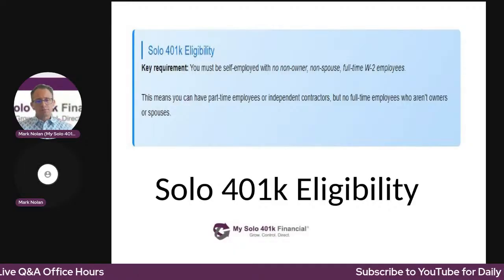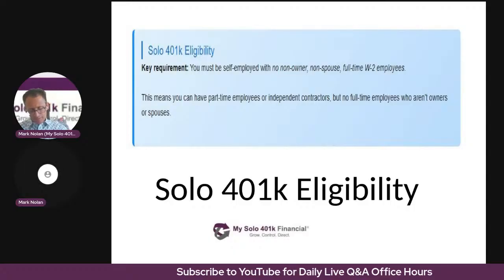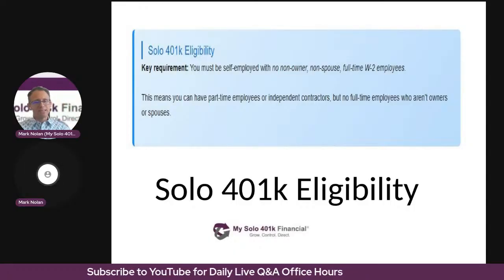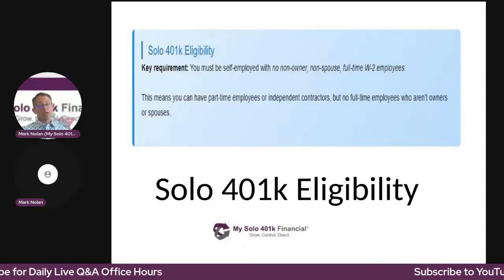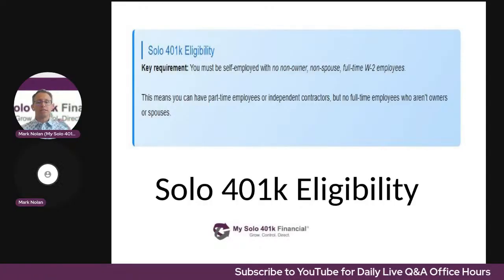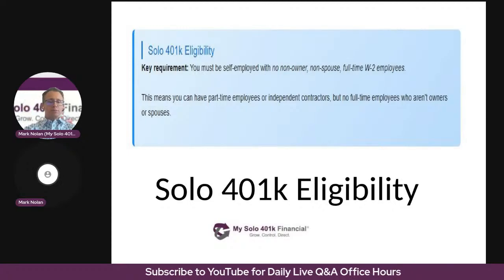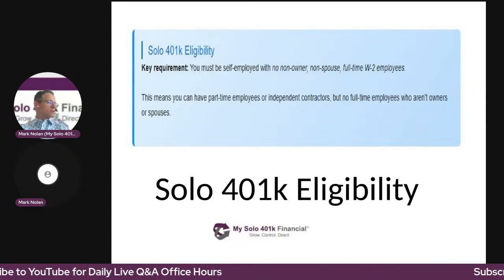In other words, you need to make sure you're doing the work, performing material services with the intent to lead to earned income from self-employment activity. Also, your business cannot employ any non-owner full-time W-2 employees who work 1,000 hours or more in your business.